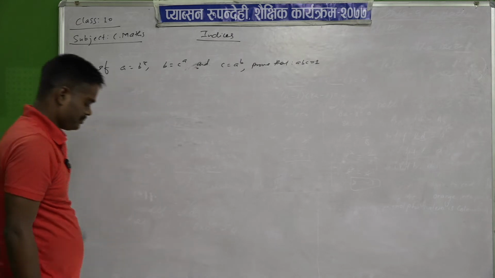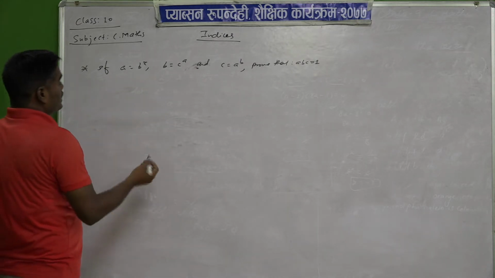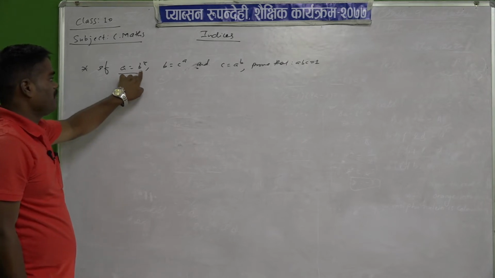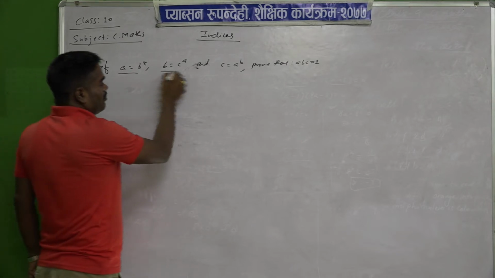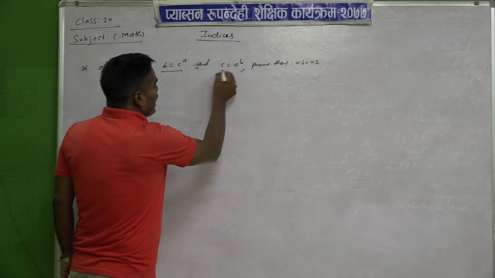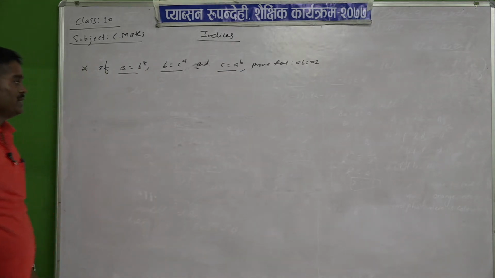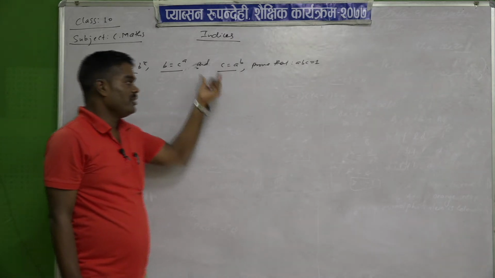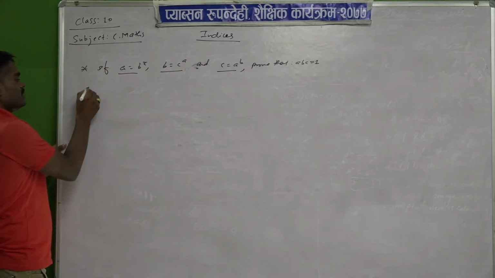Then see here, 3 conditions are given: a equals b power c, b equals c power a, and c equals a power b. Out of these 3 conditions, you have to take any one condition.